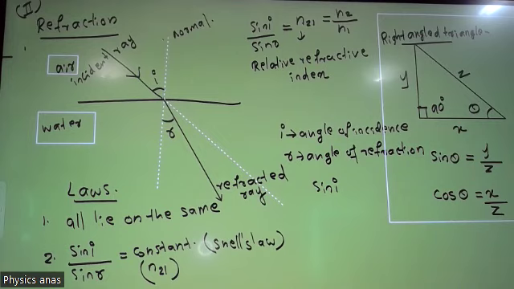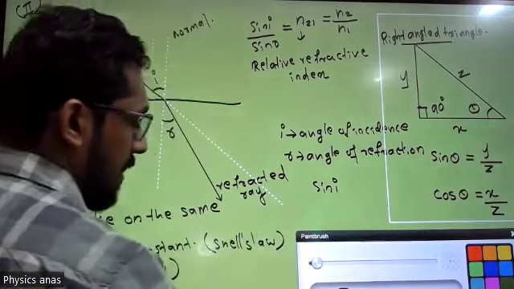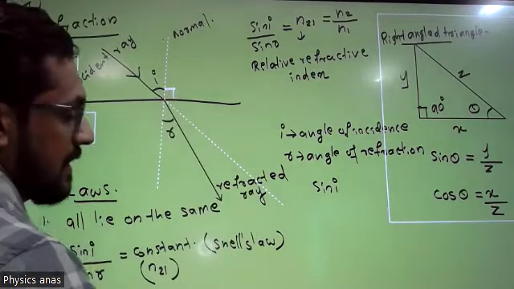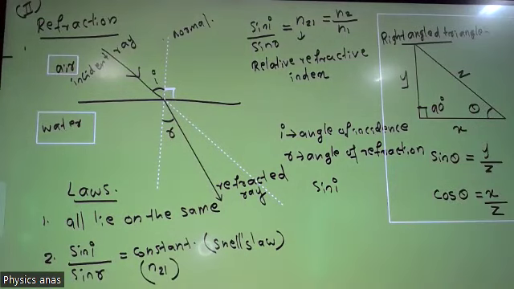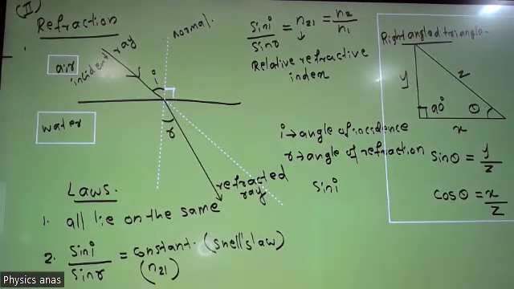The incident ray, the refracted ray, and the normal to the surface at the point of incidence all lie in the same plane.